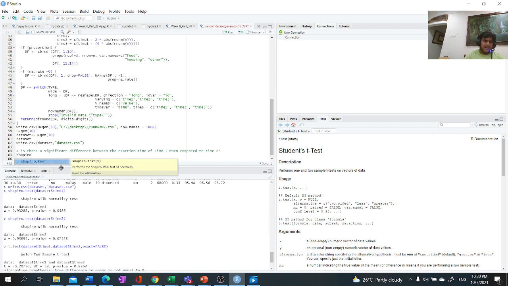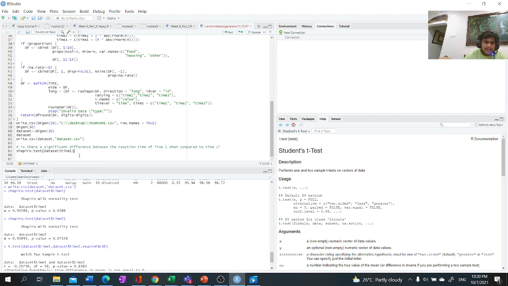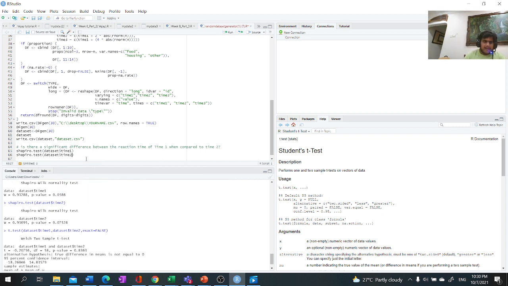By putting in the formula of the Shapiro test, we have to put in dataset$time1, the first one, then shapiro.test again, dataset$time2.